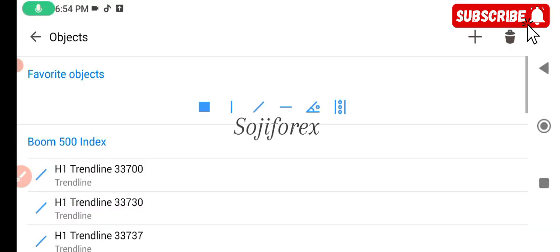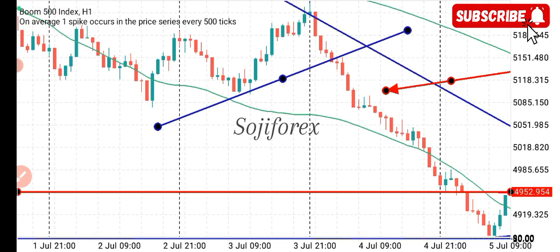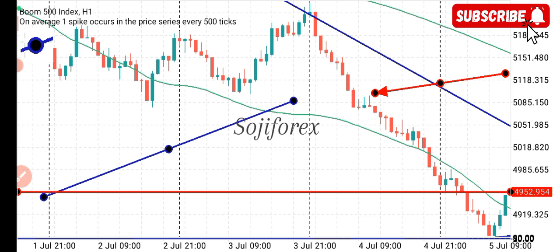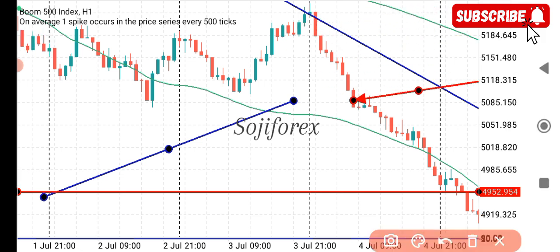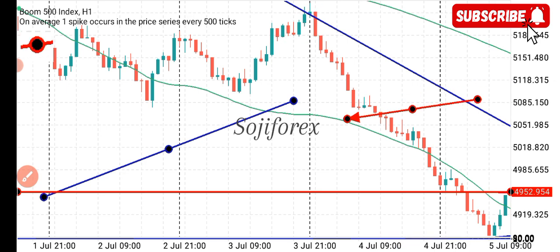For instance, this price has been in a downtrend and now price has pulled back to this zone. Since price pulled back to this particular trend line, and now that price is at the trend line, I will need a candlestick pattern for me to make my entry.